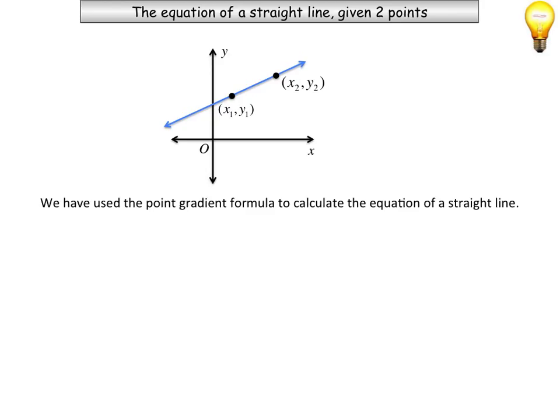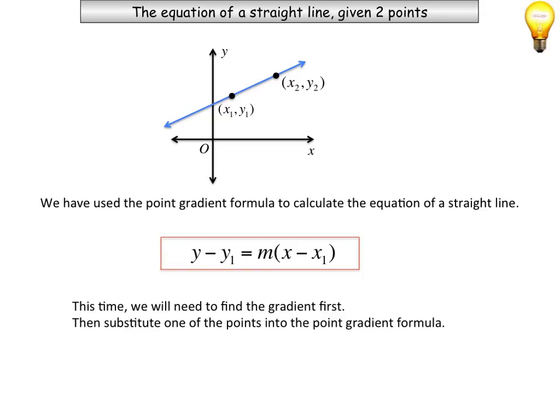Now we've already seen in a previous video how to find the equation of a straight line if we have a gradient and a single point. So we're going to use the same formula, but this time we're going to have to find out the gradient first and then substitute one of the points into the point gradient formula.